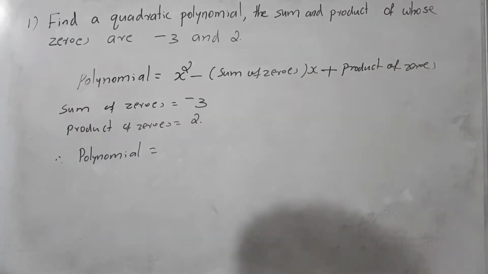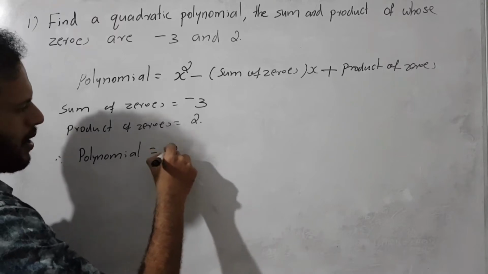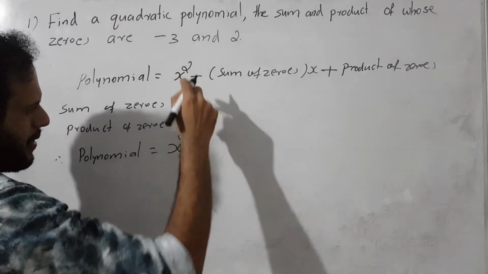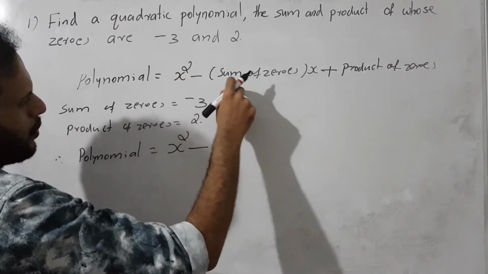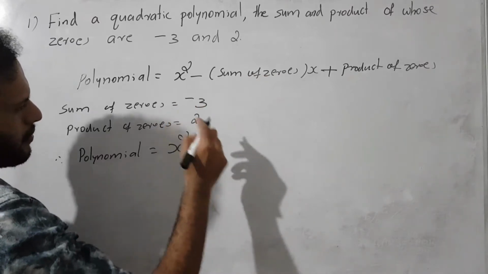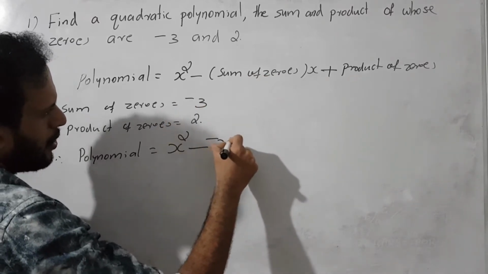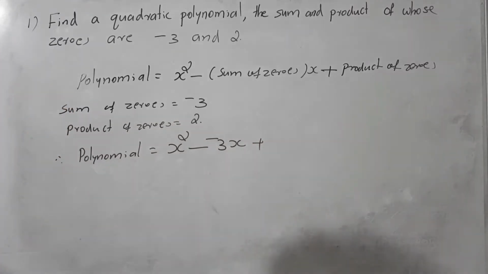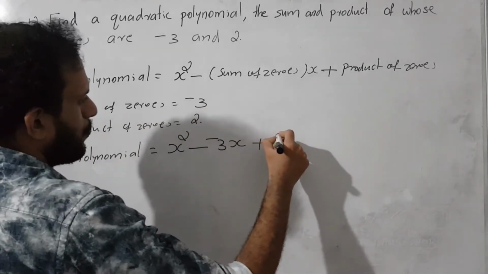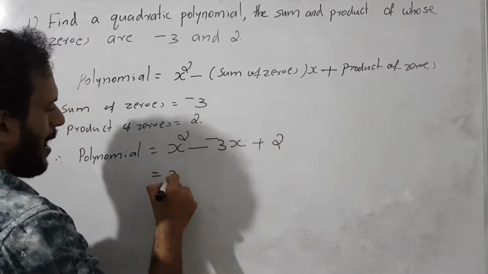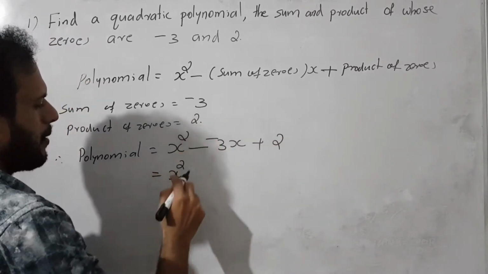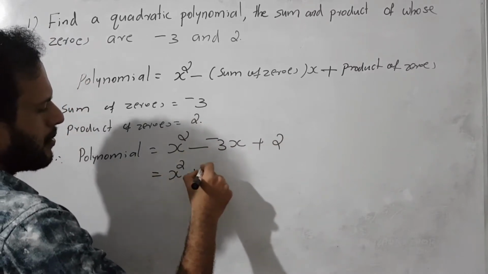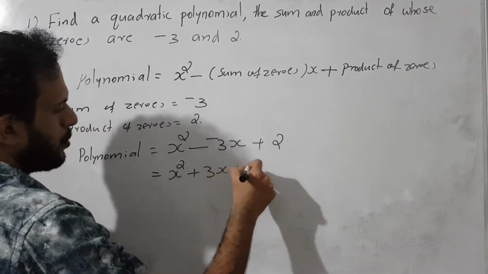Then how to write? It is equal to x square minus, what is the sum of zeros? The sum of zeros is minus 3. Then minus minus 3 into x plus product of zeros. What is the product of zeros? 2. That is equal to x square, then what change happens? It becomes plus. Correct? Plus 3x plus 2.